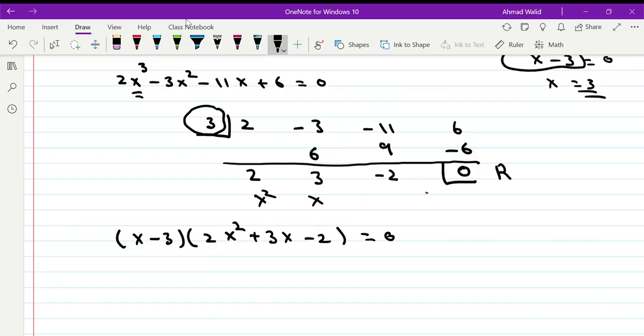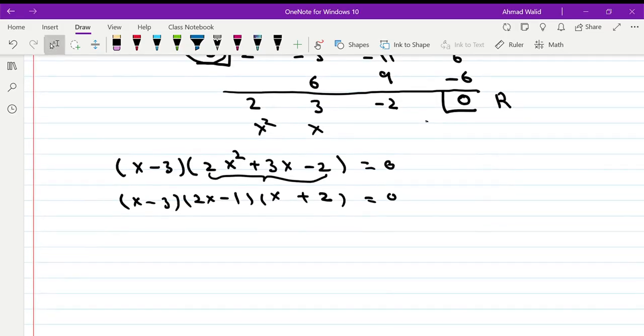Now you can factor this quadratic. x minus 3 times parentheses: the first terms are 2x and x, then 2 here and 1 here, because minus 1 and plus 2 give me 3x, equals 0.